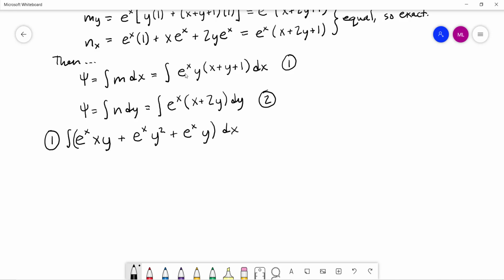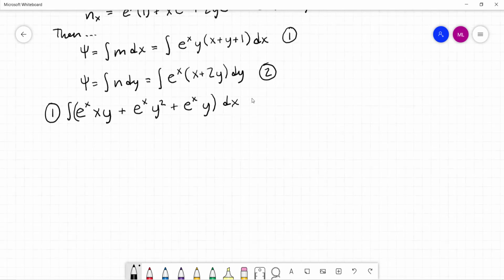Okay, so I've distributed basically this whole thing through to all these terms. This is going to be the one that's a little tricky. We're going to have to do some integration by parts, but these ones are straightforward. All we need to integrate is the e to the x part, so that's going to be simple. So I'm going to rewrite this as the hard integral. I can pull the y out. Let's factor the y out in front because it's a constant as far as the integration is concerned.